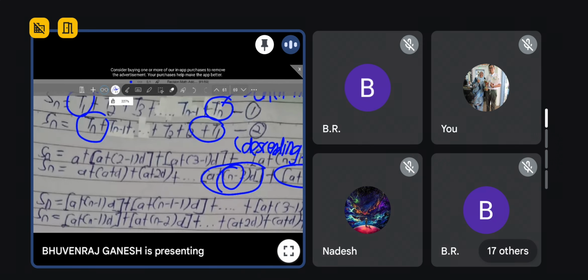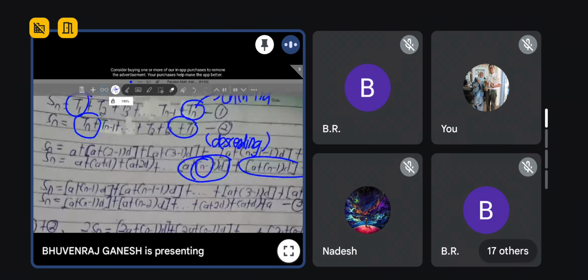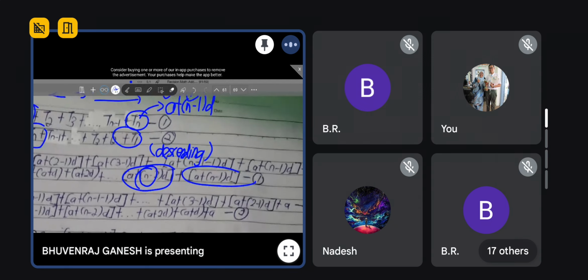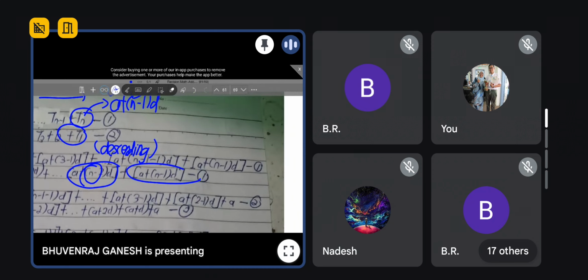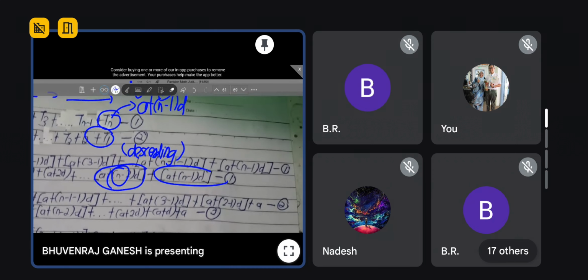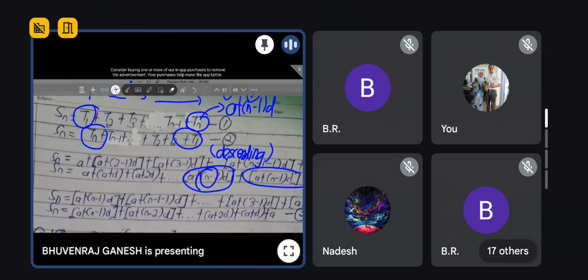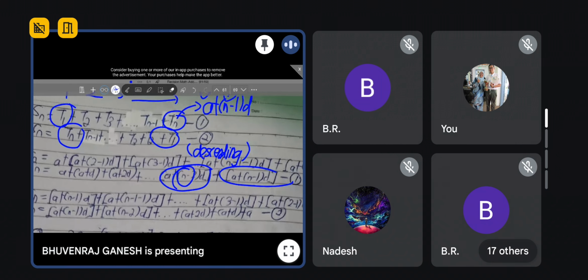Second equation, remember we have descending order, guys. This is for descending order, from the last term until the first term. Can you see the pattern, guys? This is the pattern we are using here to prove the formula. Okay. So yeah, it's exactly the same thing as on top. This one, exactly the same. Just the positions changed. Just reverse the whole thing.